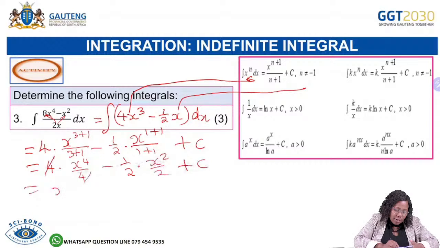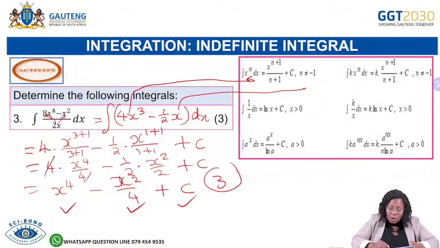The 4 will cancel a 4, you are left with x to the power 4. And then the half times x squared over 2 is minus x squared over 4 plus c. Then it's 1, 2, 3 marks, grade 12 for that particular problem.